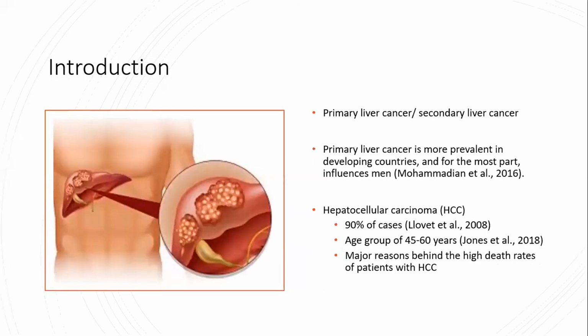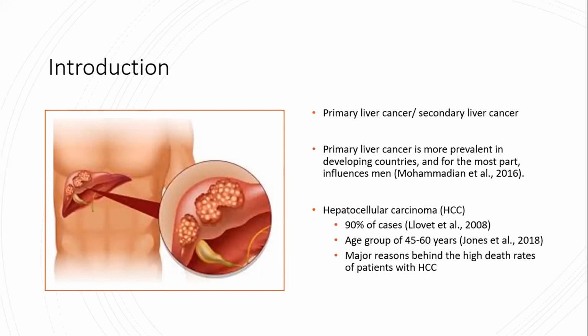There are two types of liver cancer: primary liver cancer and secondary liver cancer. Primary liver cancer begins in the liver, whereas secondary liver cancer begins in the other body organ and spreads into the liver via metastasis. Primary liver cancer is more prevalent in developing countries and for the most part influences men. Hepatocellular carcinoma is most commonly found in adults, about 90% of cases.